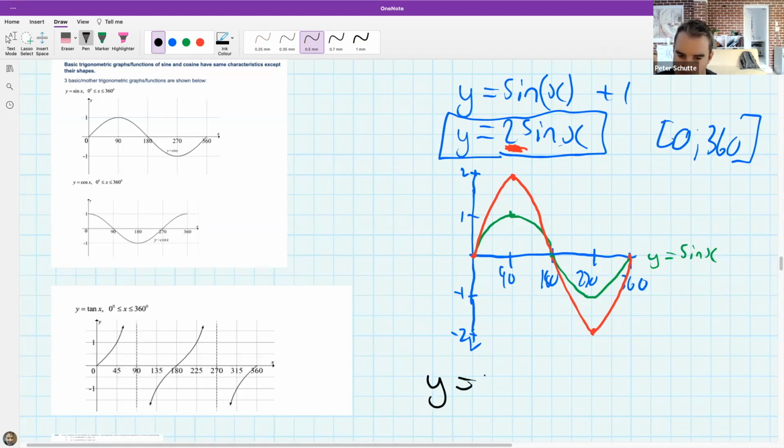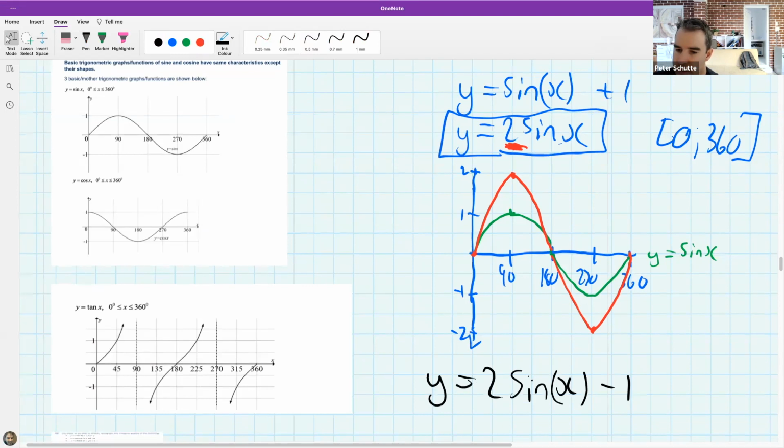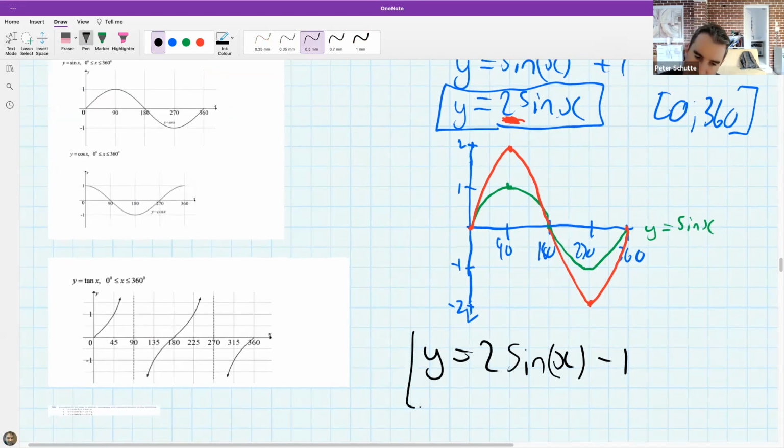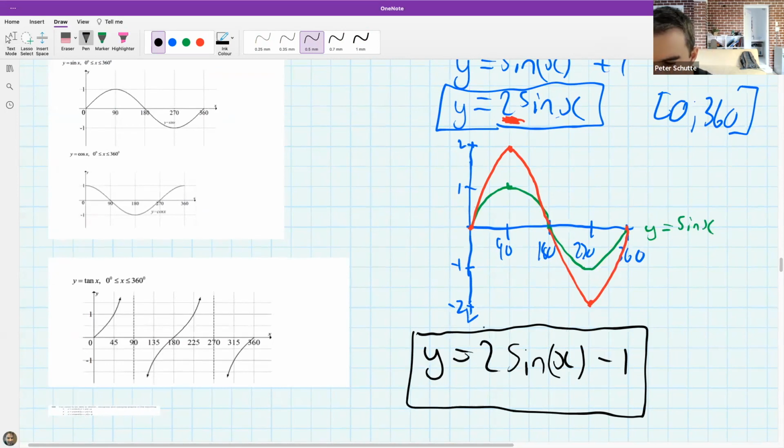So I'll do it in black. Y equals 2 sine x minus 1. Now, there are 2 definite changes in this case. And I want to give you a moment to think about what you think that graph is going to look like. And then I want you to draw it. And then once you've drawn it, I want you to say done.